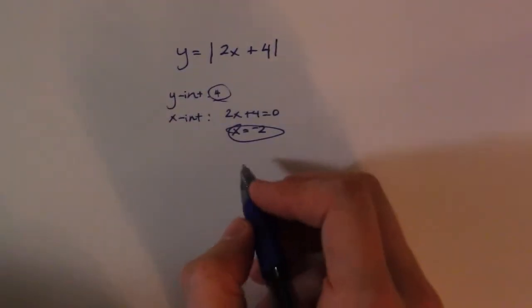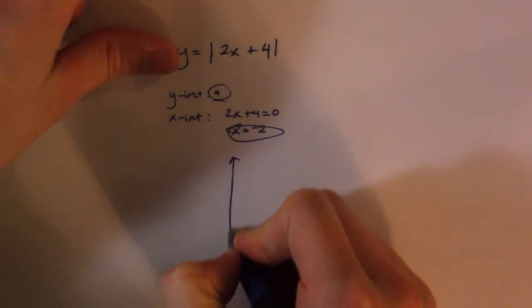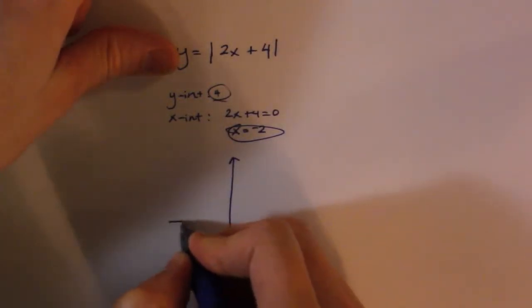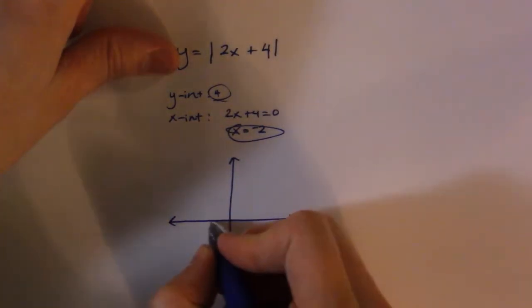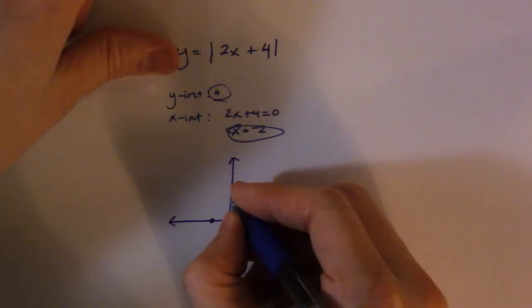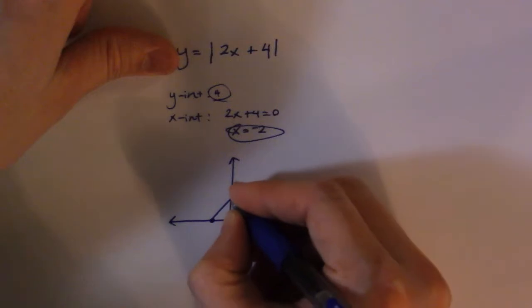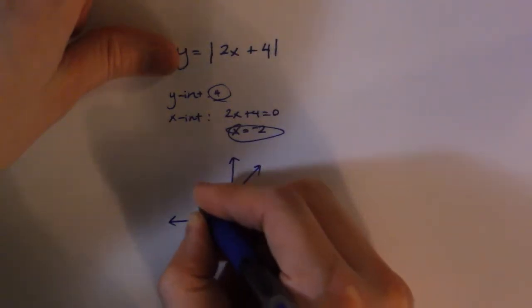So if I just do a quick sketch of this guy, here's my -2 right there, here's my 4. So that's one piece of my absolute value function. The other part looks like this.